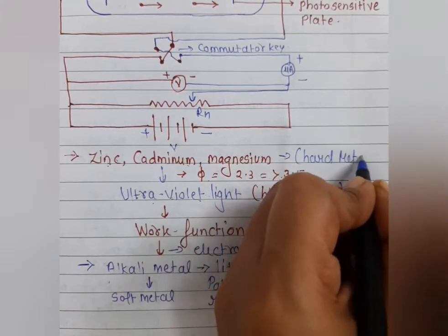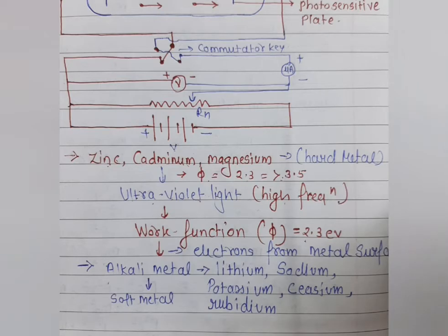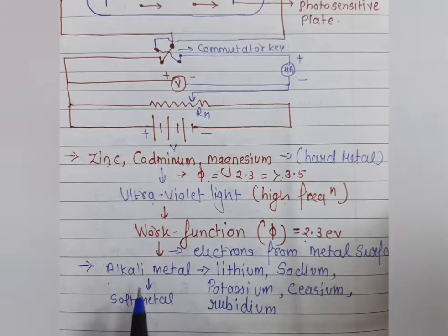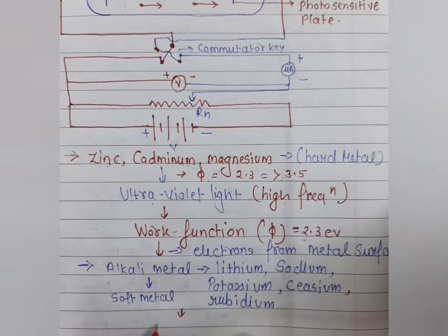It has a high work function, and this all is a soft metal, so it has a low work function. So for this type of work function, the light we want is visible light; these metals eject electrons when visible light falls on them.